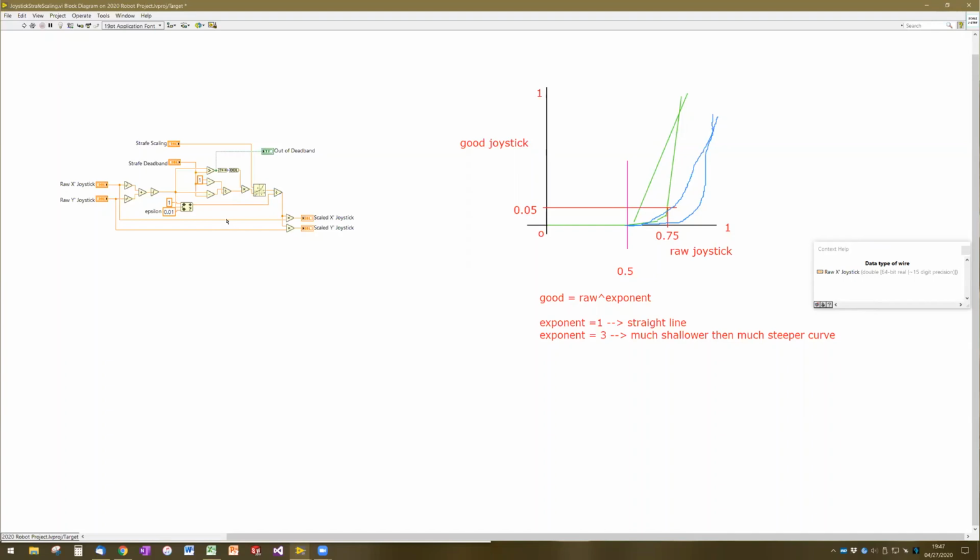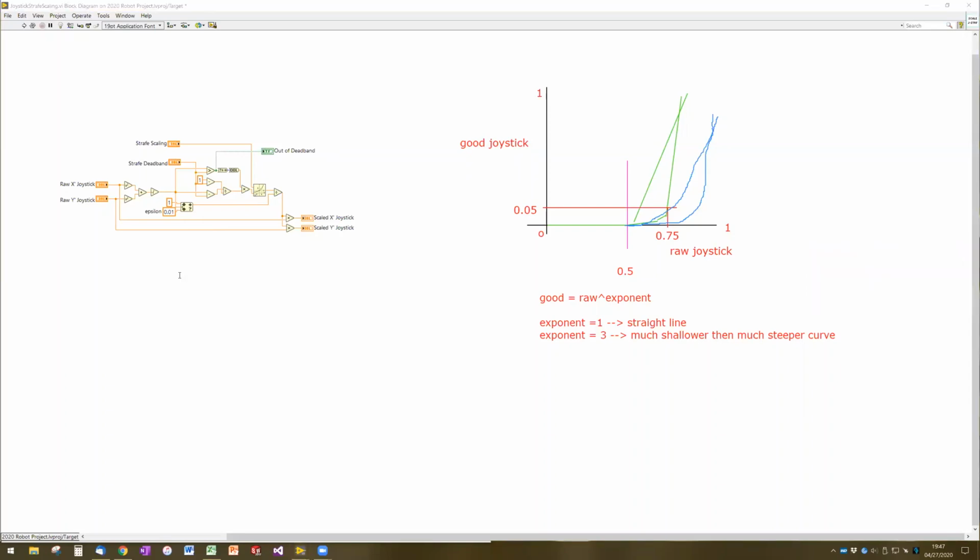So let me write that out. That's sort of hard to say. So if our original square root of x squared plus y squared equaled 0.5, so the total magnitude of those is 0.5.